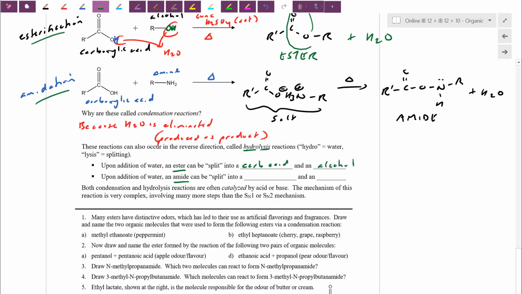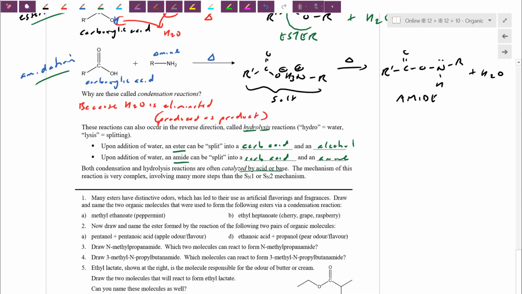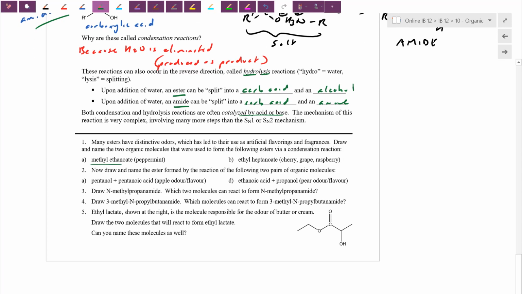Or by adding water to an amide, we can split it back into a carboxylic acid and also end up forming our amine product. Okay. Both condensation and hydrolysis are very often catalyzed by acid or base. The mechanism is very complex, way more complicated than SN1, SN2. So all they're going to ask you to do is, if they give you an ester, if I add water, what are the two things that made it up? See if you can break it apart there.